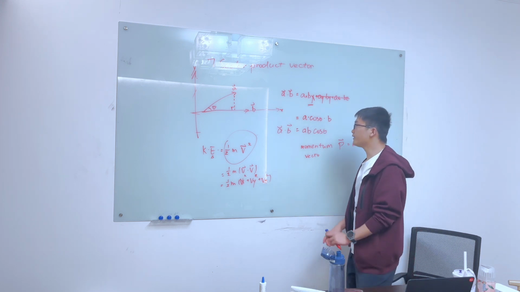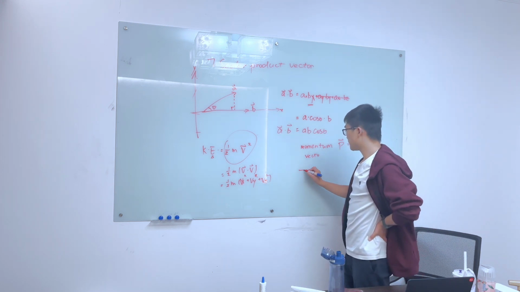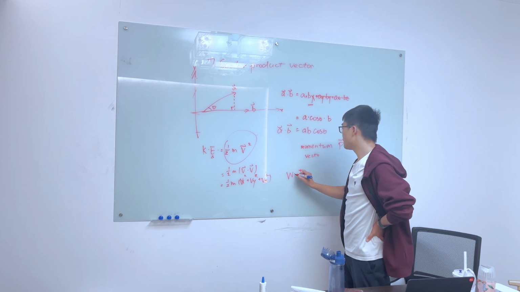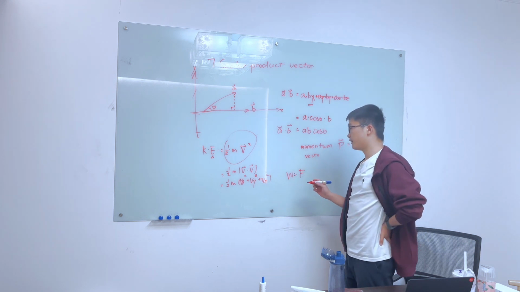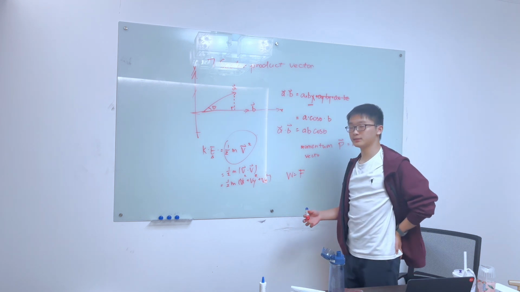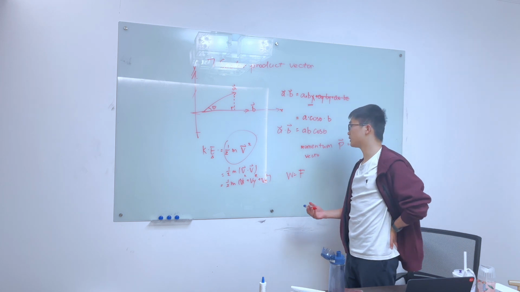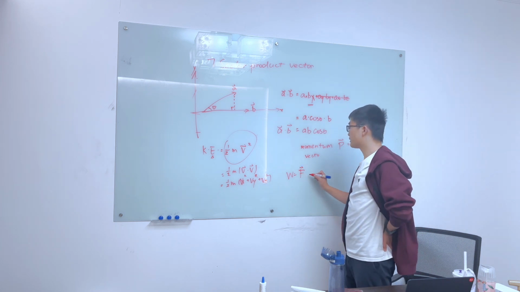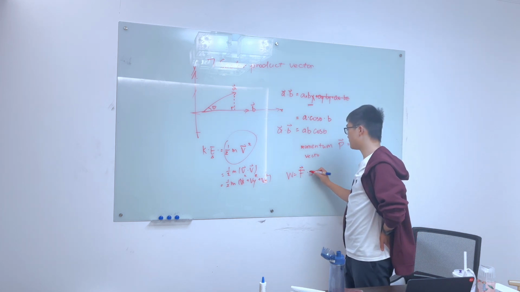So this is the usage in physics. Another very famous usage in physics is work. We know that work isn't a vector, it is only a scalar. You can't say that there is a work in some direction. And you know that work is equal to the force times the distance.